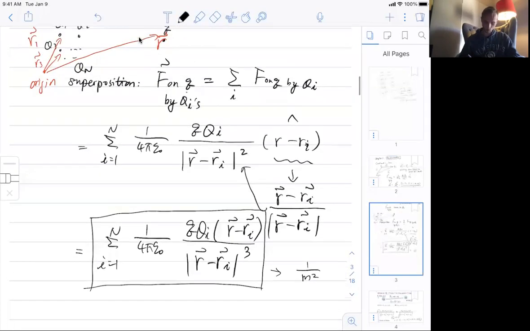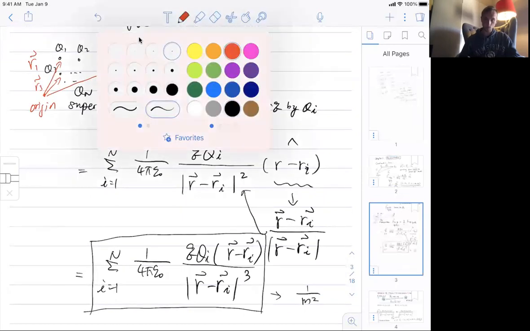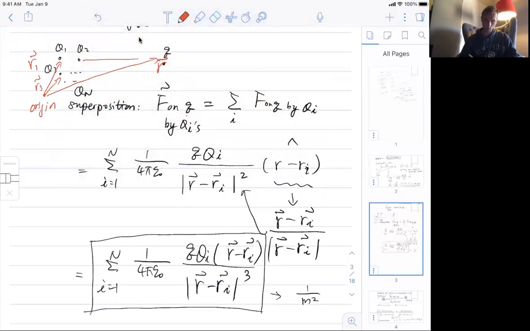So each of them will have a different script r, which is r minus ri, okay? Which is always the field minus the source. Now the field, in this case, there is a point charge in the field, or you can think of this as just a point in space I'm interested in.